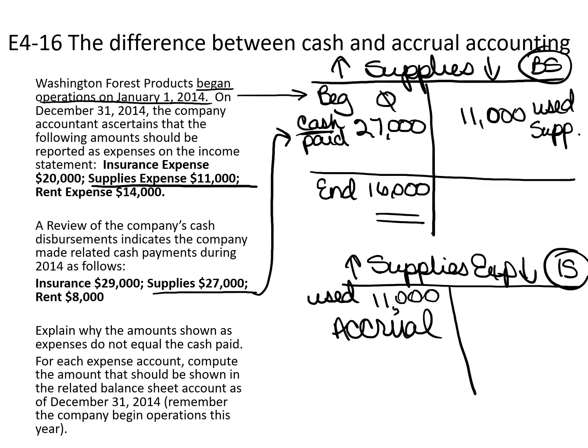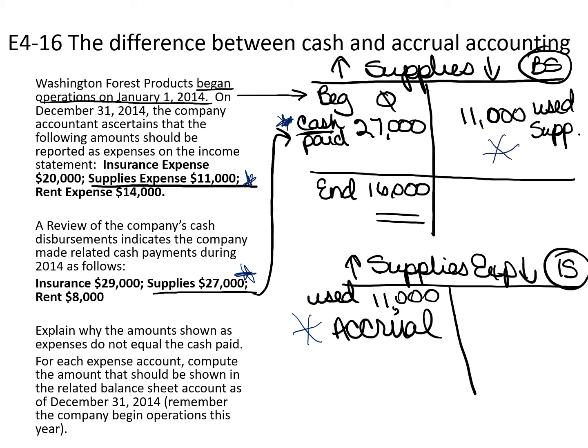Supplies. It tells us that supplies expense, or the supplies used, were $11,000, and that the supplies that we purchased during the period were $27,000. We know it's a brand new company, so the beginning balance is 0.